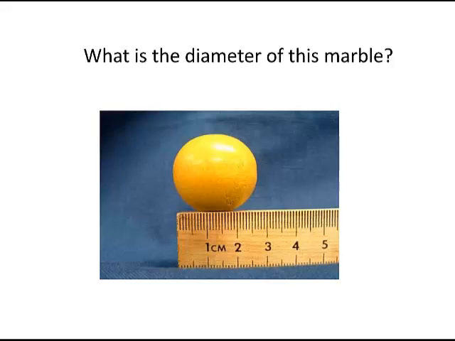Okay, so hopefully you've committed to a value for this measurement. In a traditional classroom, I ask people to write down their answer, and then have people indicate their response by a show of hands. Typically, I get responses like this. About 20% of the class will say that the diameter of the marble is 2.5 centimeters.